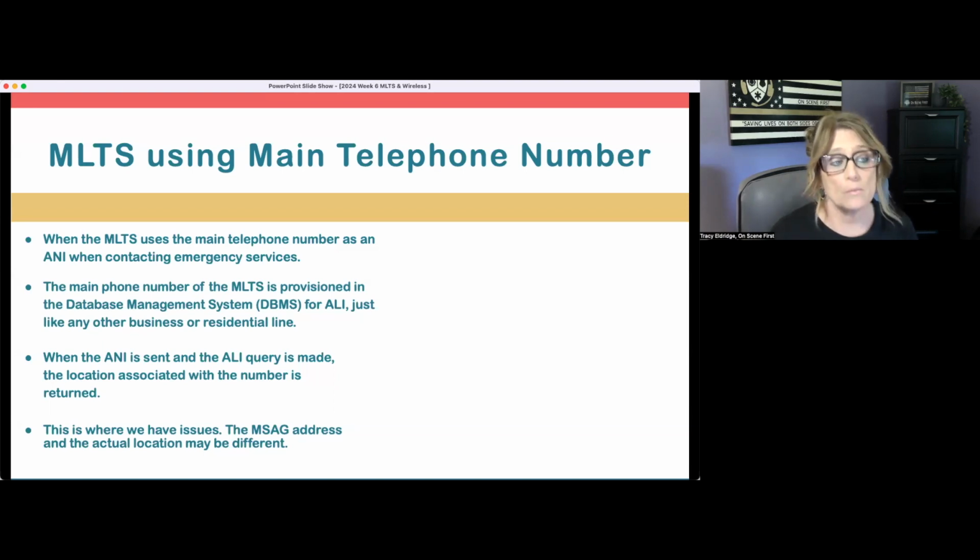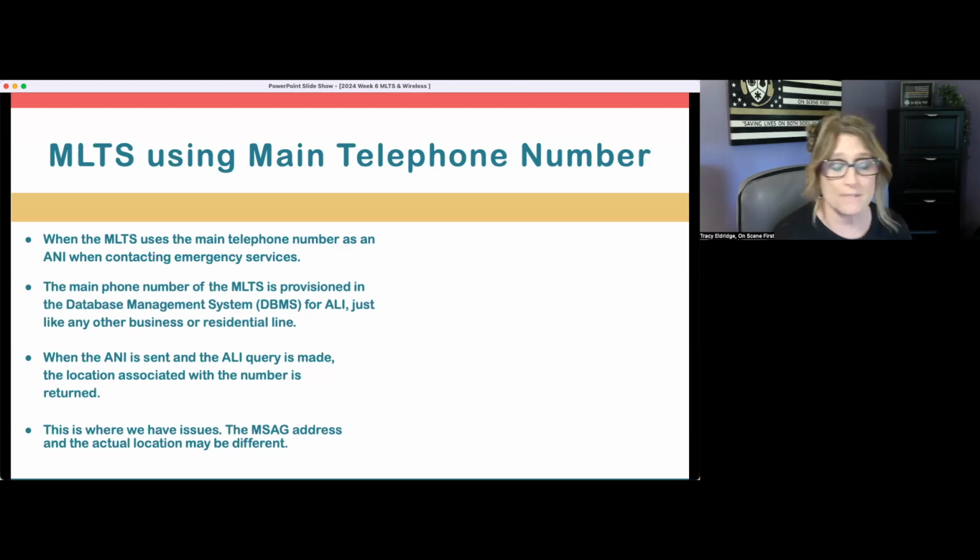When an MLTS uses the main phone number as an ANI when contacting multi-line emergency services, it's the simple call flow that we've seen many times, and we're going to see many more times in our time together over the next several weeks. The main phone number of the MLTS is provisioned in the database management system for ALI.